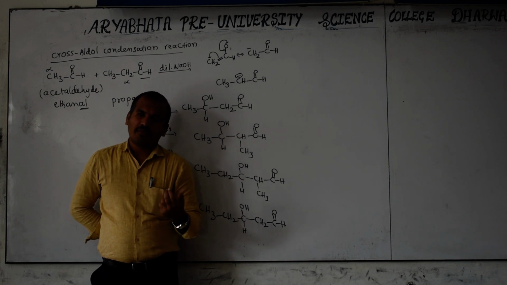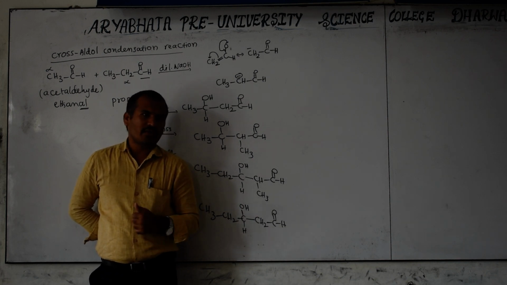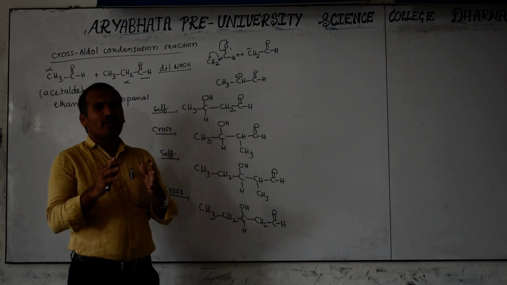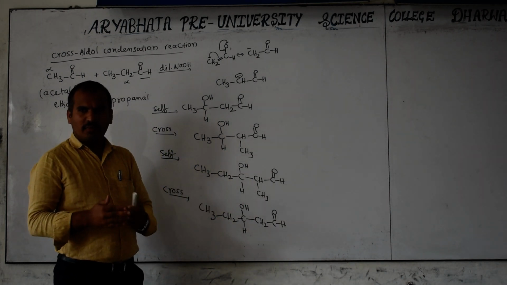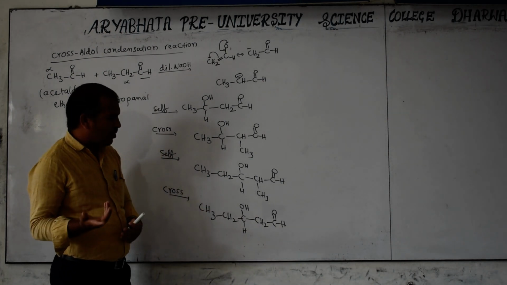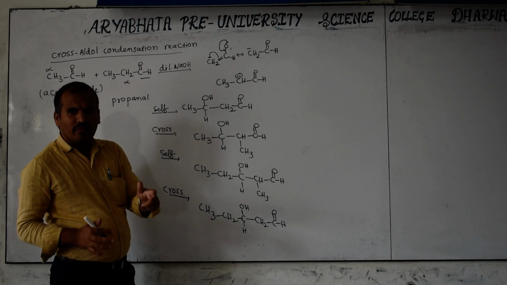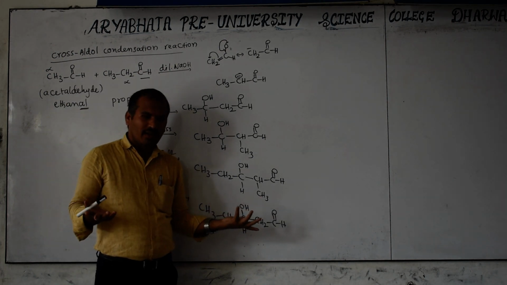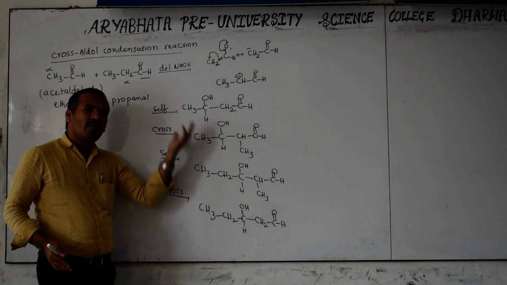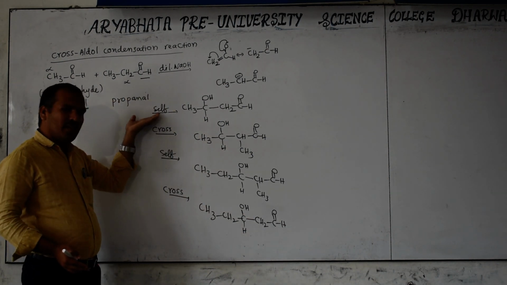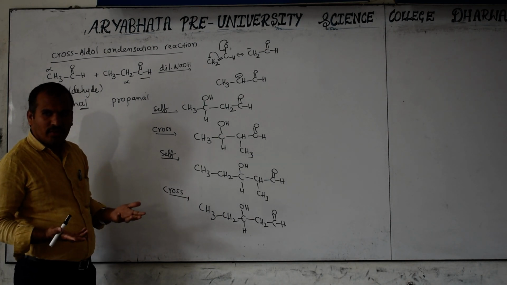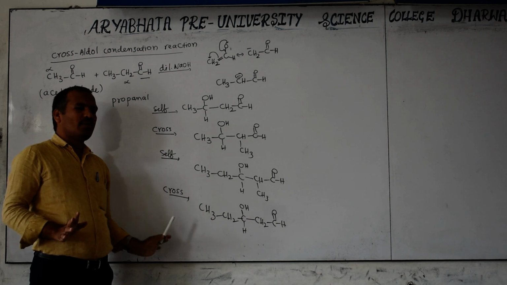Ethane also forms, methyl chloride also forms, and chlorine also forms. In the Wurtz reaction or any such reaction, when a mixture of products forms, the separation will be difficult because their boiling points, melting points, or physical properties like solubility will be nearly the same. When separation is difficult, that is not useful. So this cross Euler reaction is also not that useful compared with the self. Self is better than cross. Why is cross not better? Separation is difficult. That much only you have to note.